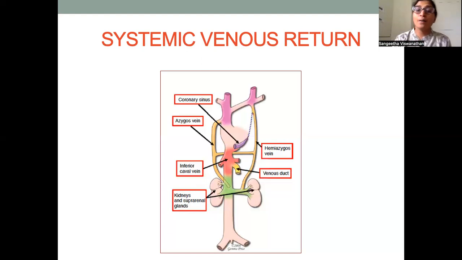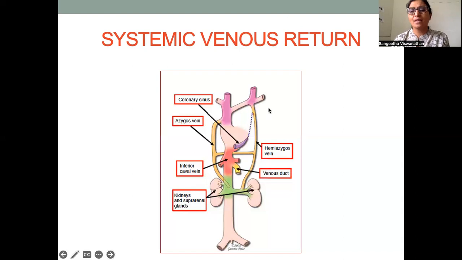So a persistent left SVC can drain into the coronary sinus, resulting in a dilated coronary sinus. There is an association, as you know, with LSVC, left SVC, with arch abnormalities, which is why we always monitor the arch in these patients. But anyway, that is by the by.